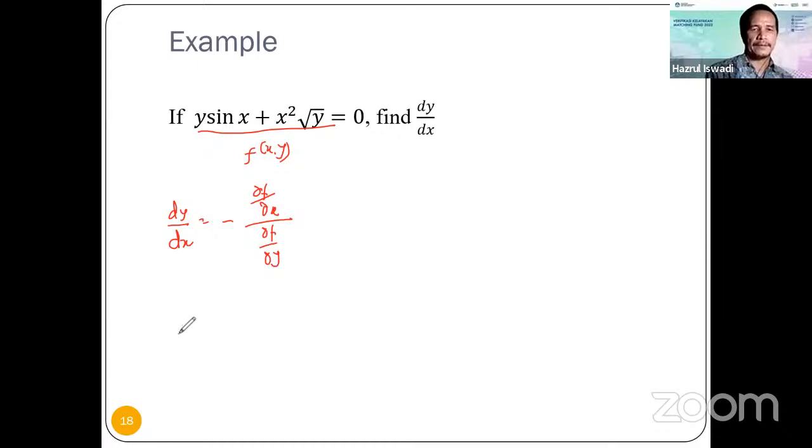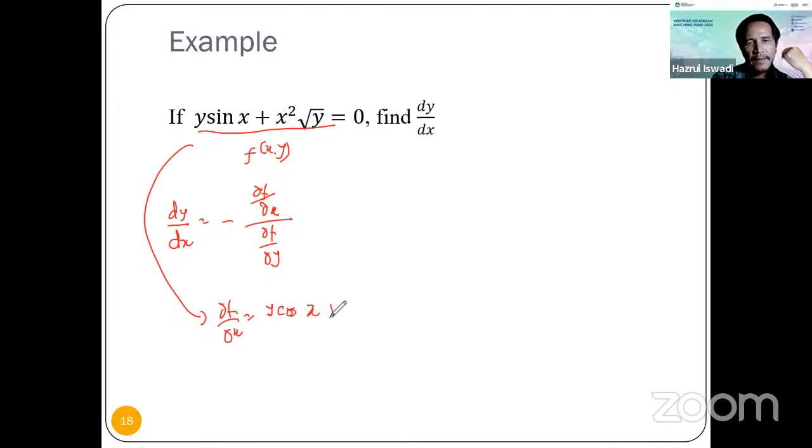And then we find the partial derivatives first. ∂f/∂x: we make a derivative with respect to x. So y cosine x plus 2x square root of y.